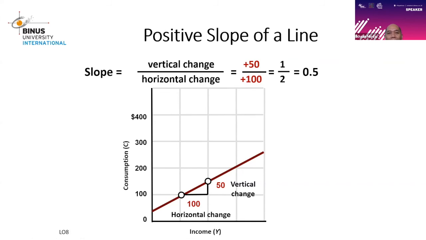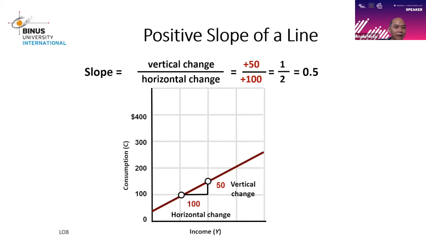But let me remind you, the slope is only consistent or constant when you deal with... apa tadi? Slope cuma akan sama pada grafik yang linear, only the linear graph, ya kan?